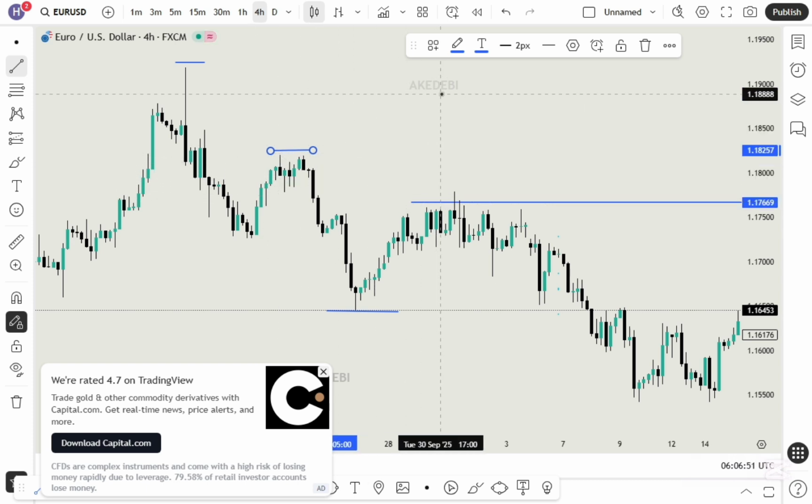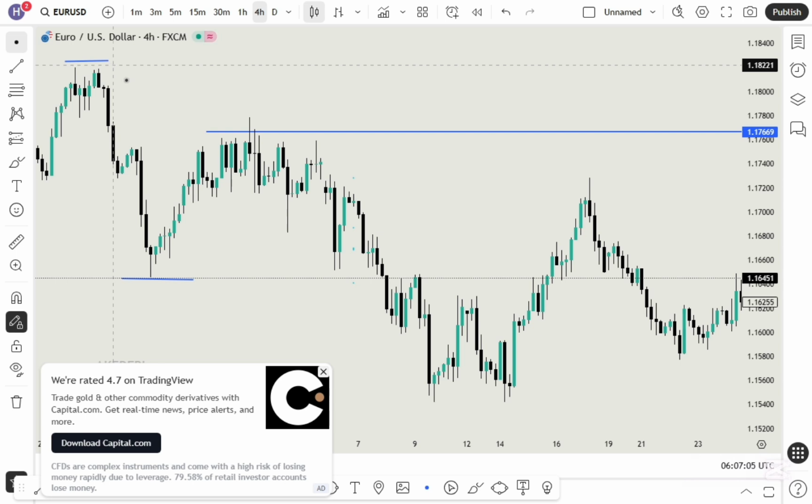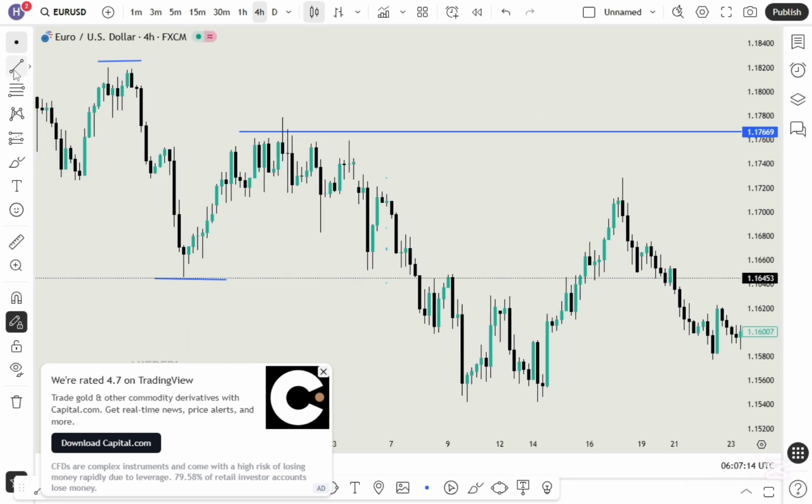I mean, coming up above. Now below here, this is also liquidity gathering. There is buy stops liquidity above, and below are sell stops liquidity. You can mark out sell stops and buy stops liquidity. Like here, this is sell stops liquidity.